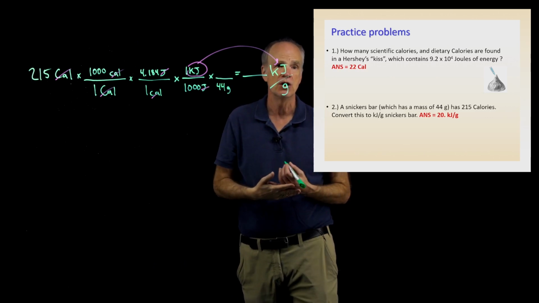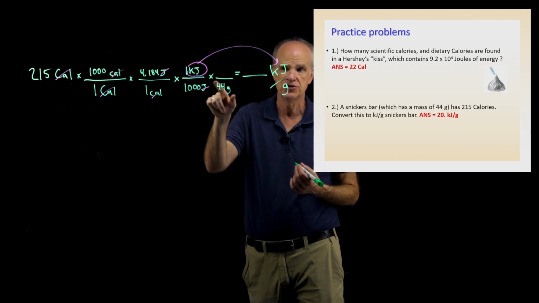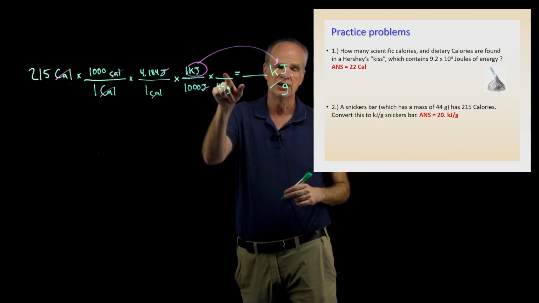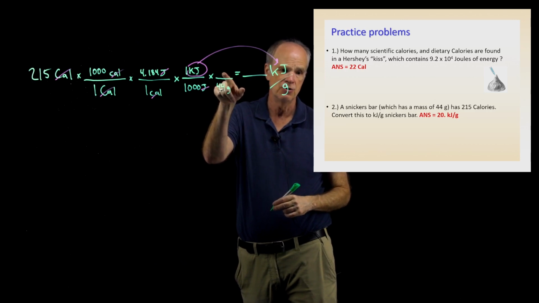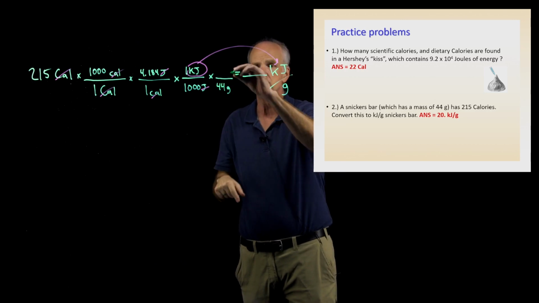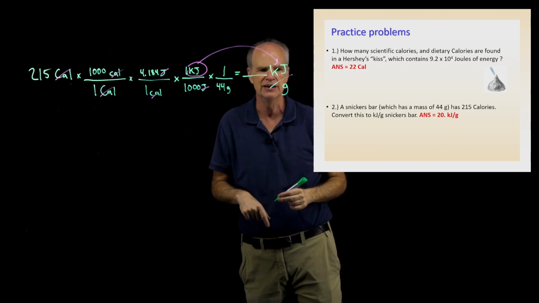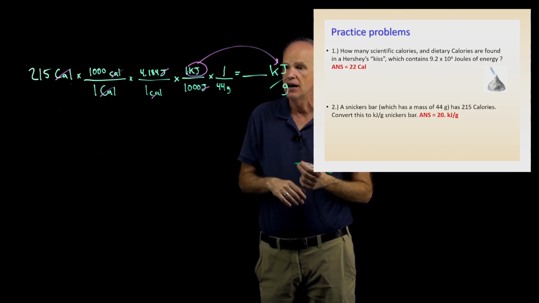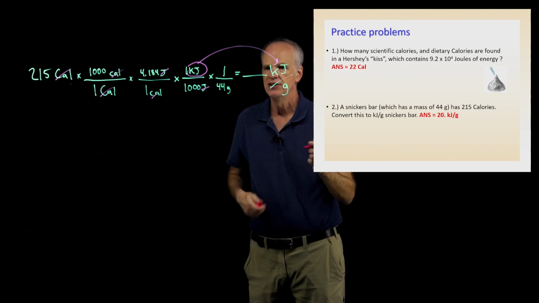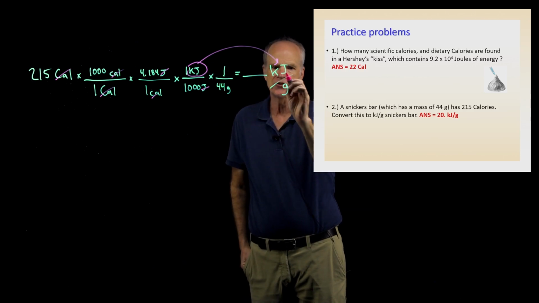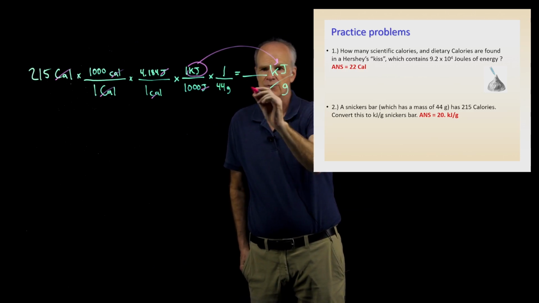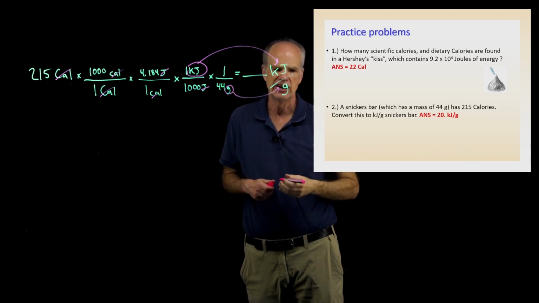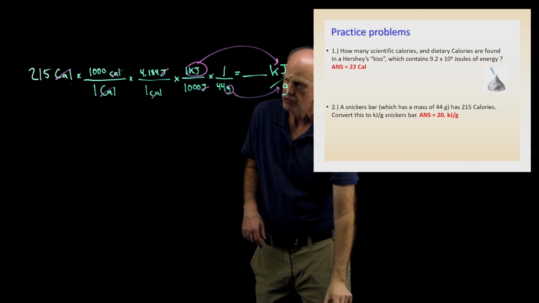If you want to make sure that you're dividing just by 44 grams, you don't want a number here, and you don't want a unit in this position here. So we put a 1 here. Again, in dimensional analysis, you're allowed to do that. Now you can see that kilojoules doesn't cancel out, so that will be in the numerator, and grams does not cancel out, so that'll be in the denominator. So the answer will be in kilojoules per gram.